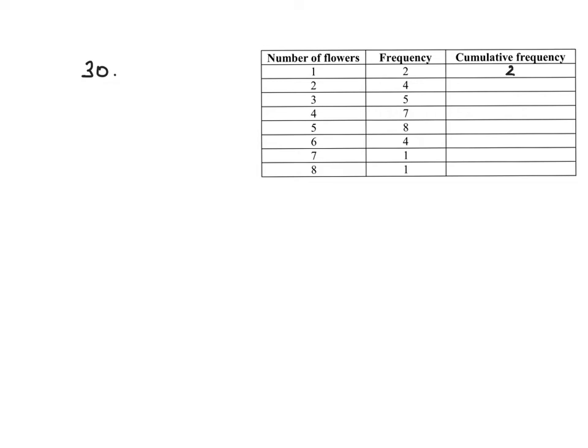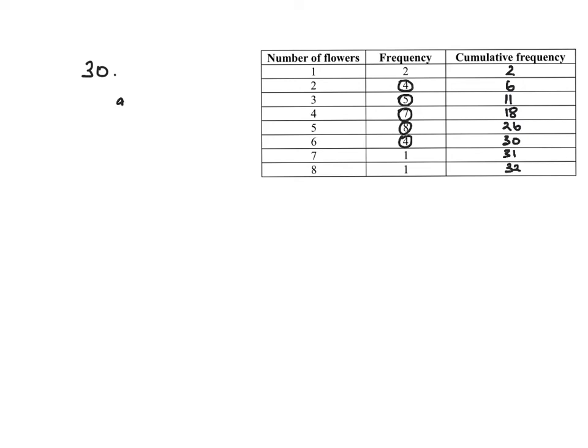Now 2 plus 4 gives us 6. 6 plus 5 gives us 11. 11 plus 7 is 18. 18 plus 8 is 26. 26 plus 4 is 30. And then 30 plus 1 is 31. And 31 plus 1 is 32. So a total of 32 pieces of data.